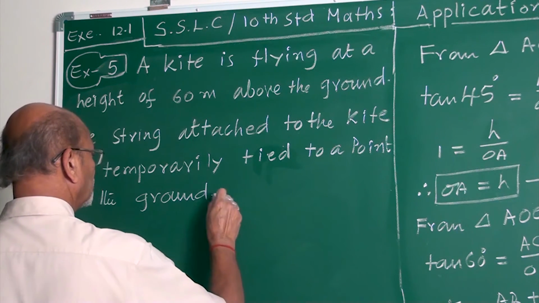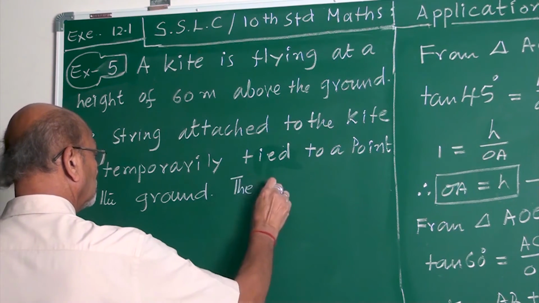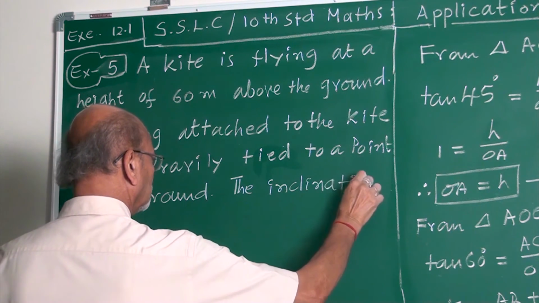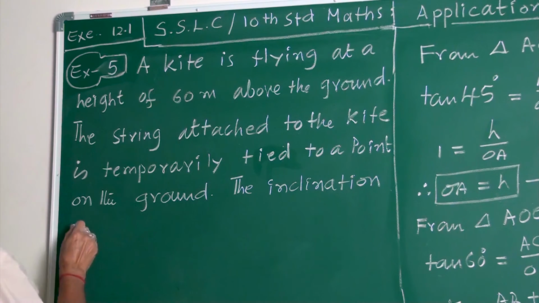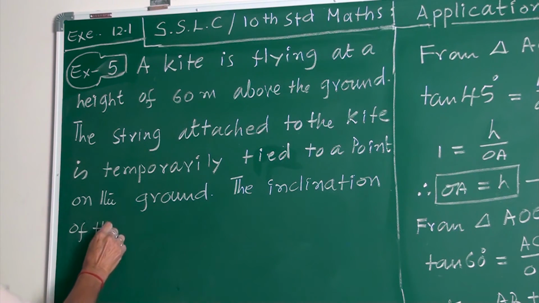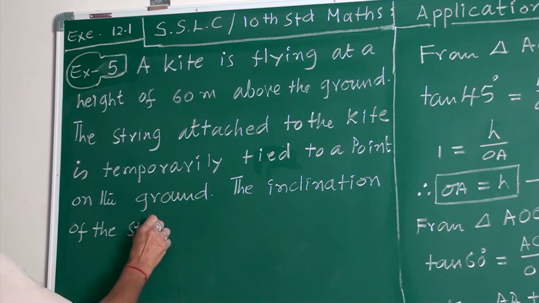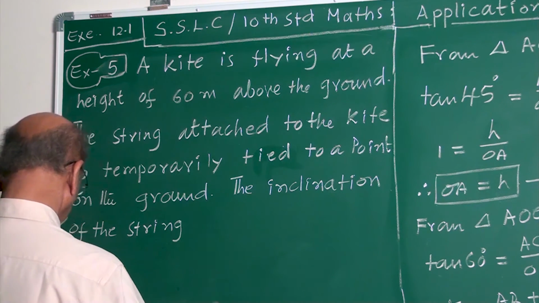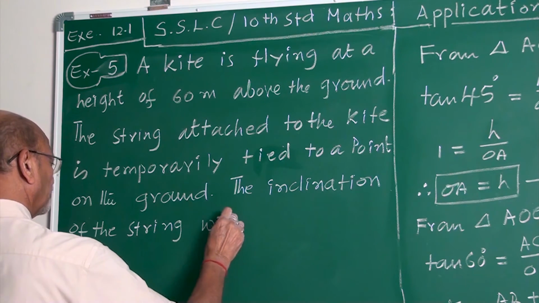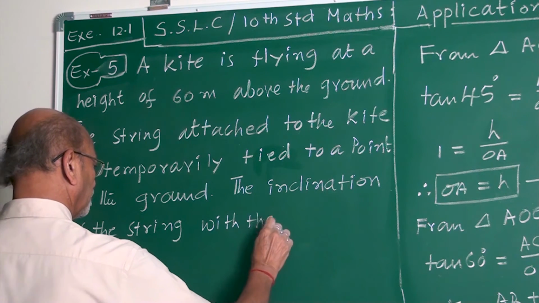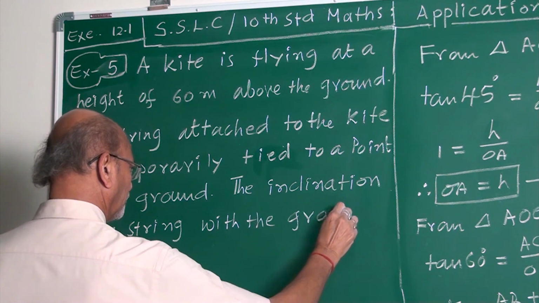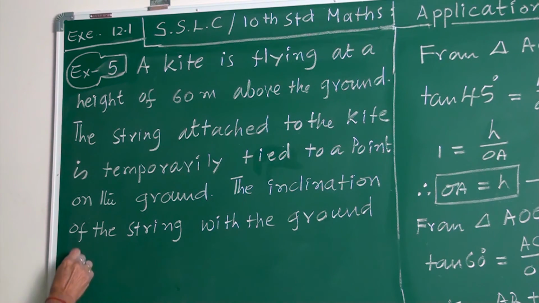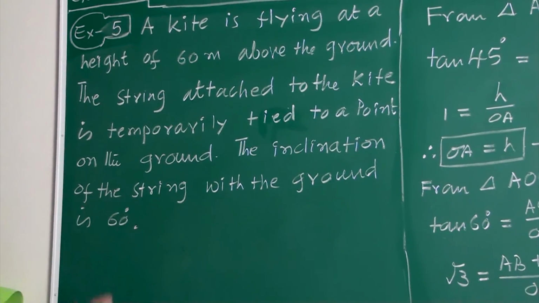The inclination of the string with the ground is 60 degrees.